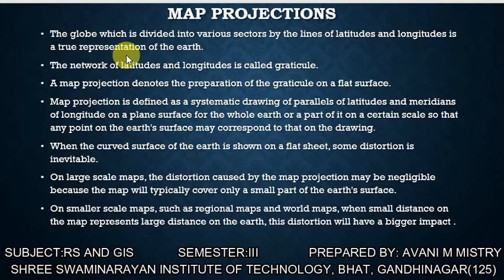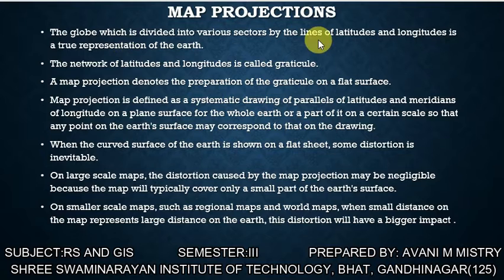The globe, which is divided into various sectors by the lines of latitude and longitude, is a true representation of the Earth. The network of latitudes and longitudes is very practical. A map projection denotes the preparation of the reticule on a flat surface.